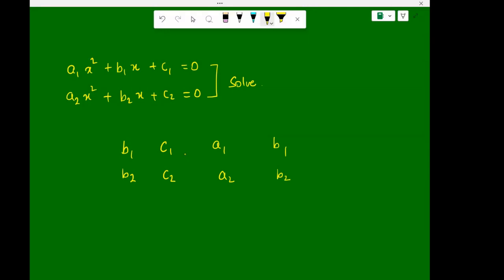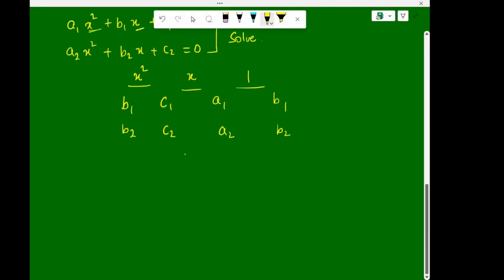Here, in traditional solving, we will write x, y, and constant. But here, you have to write x square, x, and 1. Why? Because here the variables are x square, x, and constant. That's why.